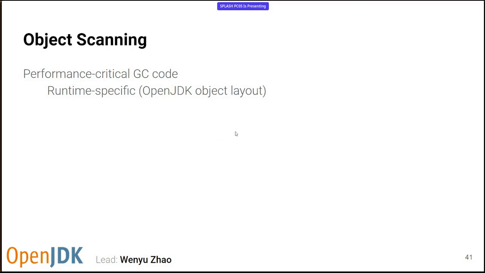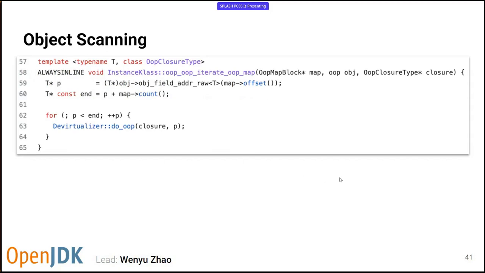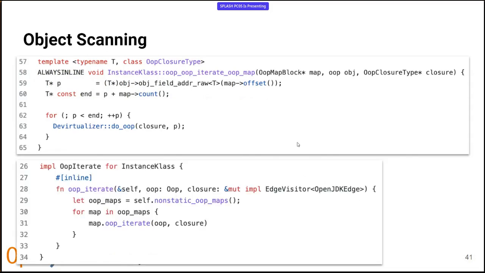So ultimately what we end up having to do is port the key code, which in this case is scanning an object instance. We port it to Rust. And you can see here, that's literally the code out of GitHub, which I snapshotted last night. That's the original code, and this is our Rust implementation. And there are a few places like this where it's essential for performance to avoid language crossing on every single object scan to replicate that code.